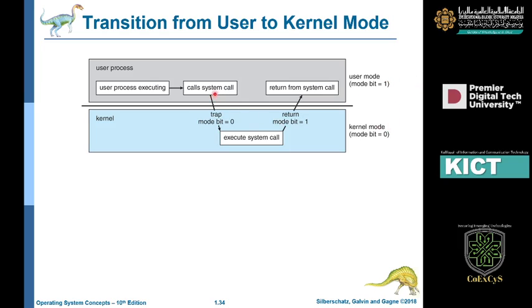This happens through a system call that initiates a trap or exception, and it allows the kernel to run the system call, because only the kernel can access hardware-level execution. Then after doing that, it returns the results to the user and changes back to user mode. This protects against the user accessing the hardware level directly.